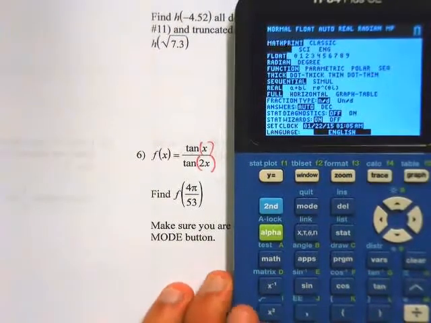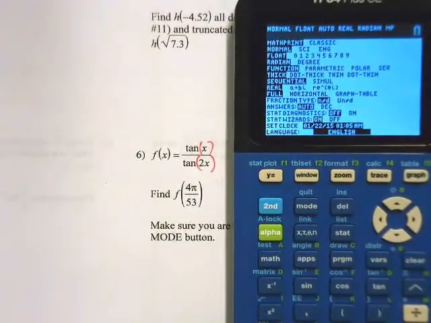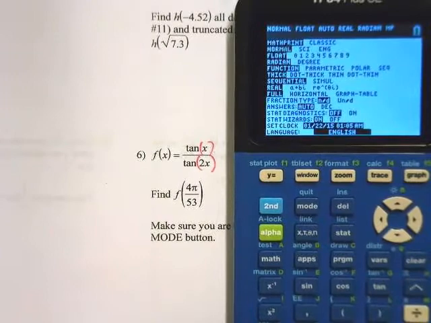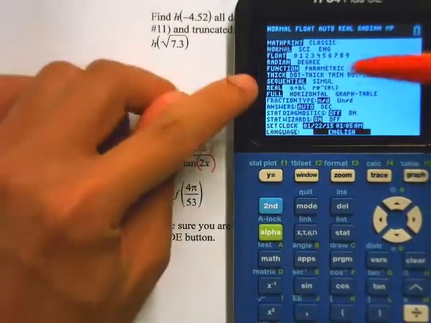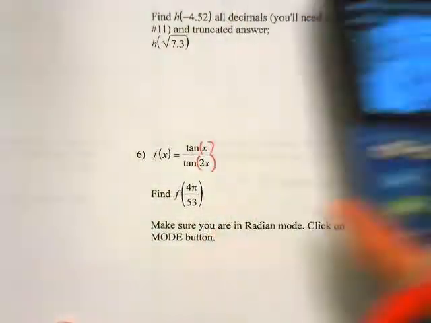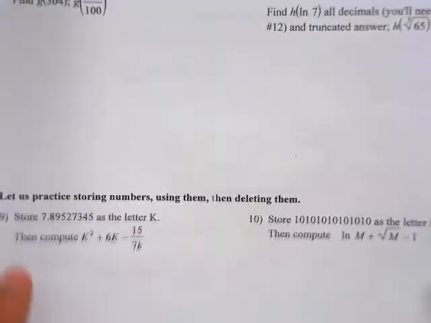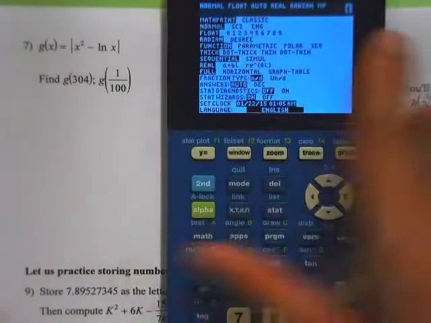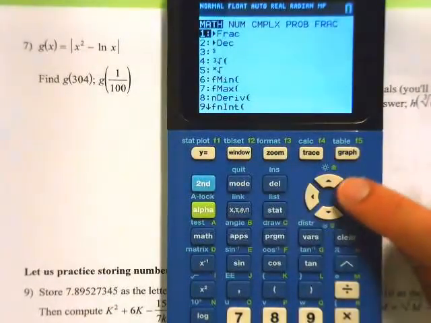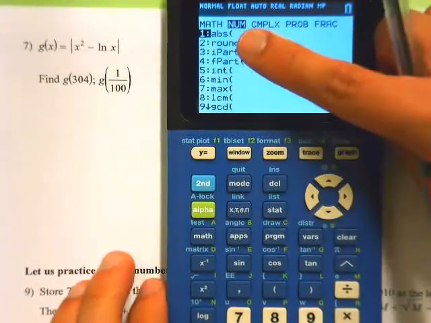AP Calculus will not have you set it to degree for one question and radian for the other question. It will always be in radian mode, I guess as of 2020, okay? Unless they try to change that, and then you'll get notified. All right. And then absolute values as well should be over here. Just go to math, number, and then the ABS.